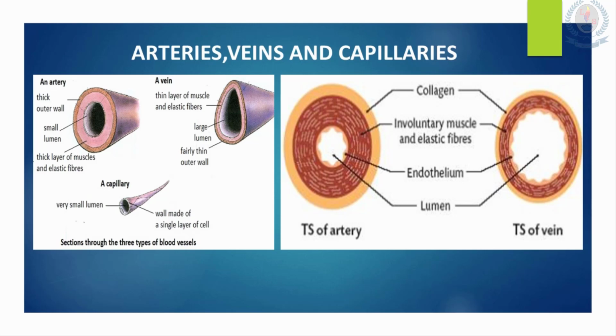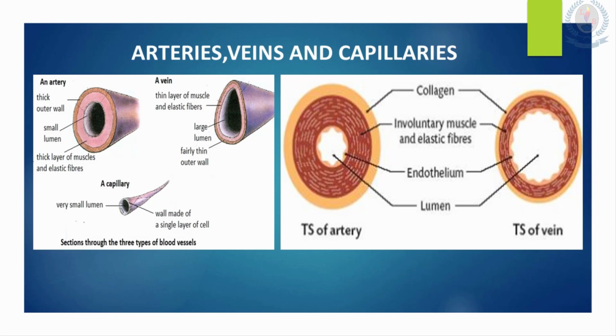In an artery there's a thick outer wall and small lumen. When compared to a vein, the lumen is somewhat smaller in artery, but in vein there's a thin layer of muscles and it has larger lumen.